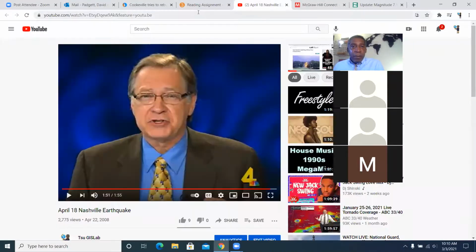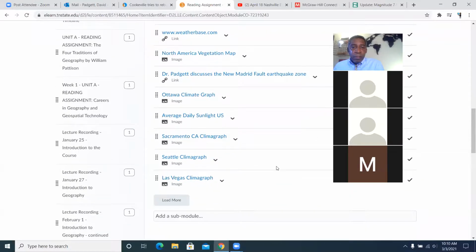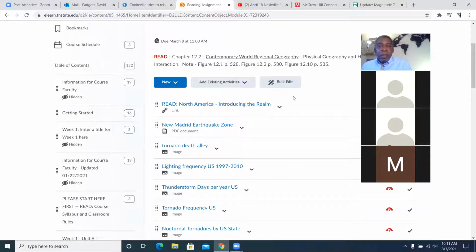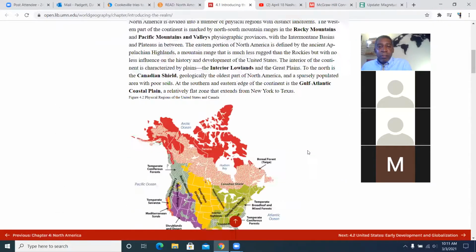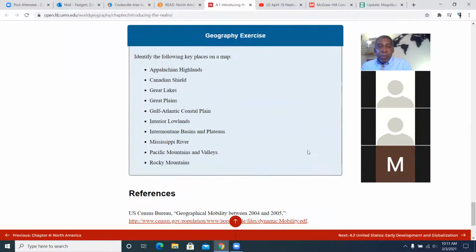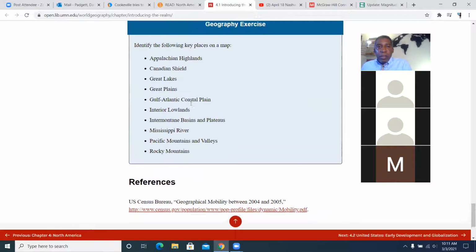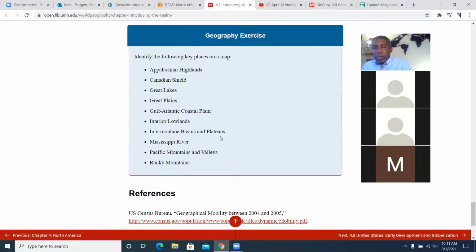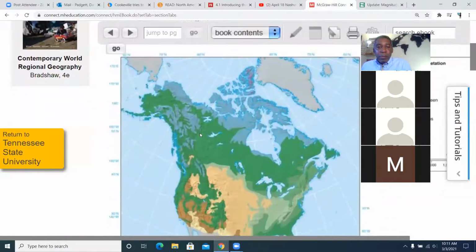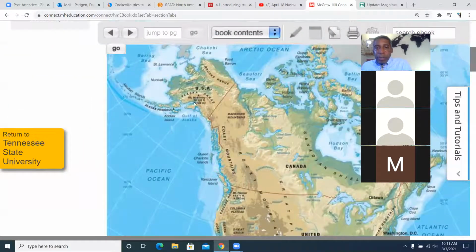So let's look at figure 12-10. Let's go back to this. From this reading assignment, again, be aware of all of these key places, these physical regions. Also in the textbook, before I forget, you should also know where these specific mountains are.